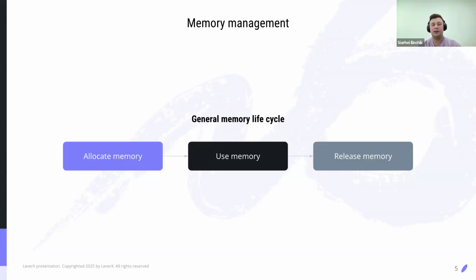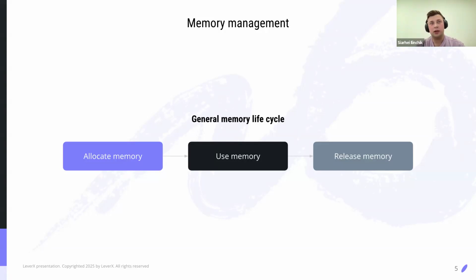So in lower level languages like C or C++, those steps are not so abstract as in Node.js, because in those languages you have to manually allocate the memory or release the memory. And I think many of you guys had an experience with C or C++, maybe in the university, maybe in some spare time you just wanted to have a look at how this language works.